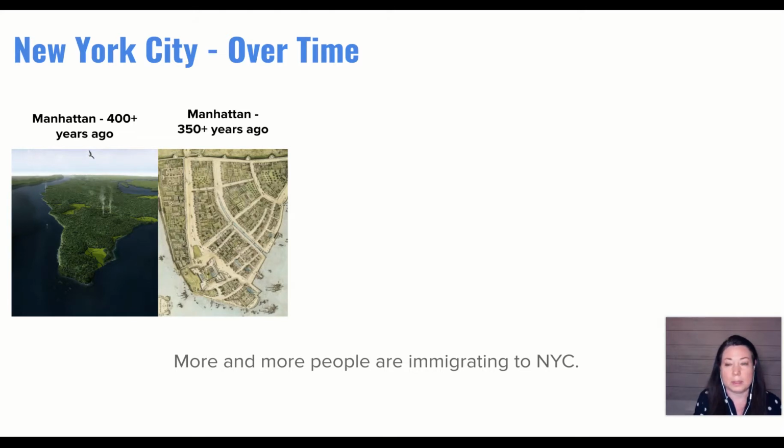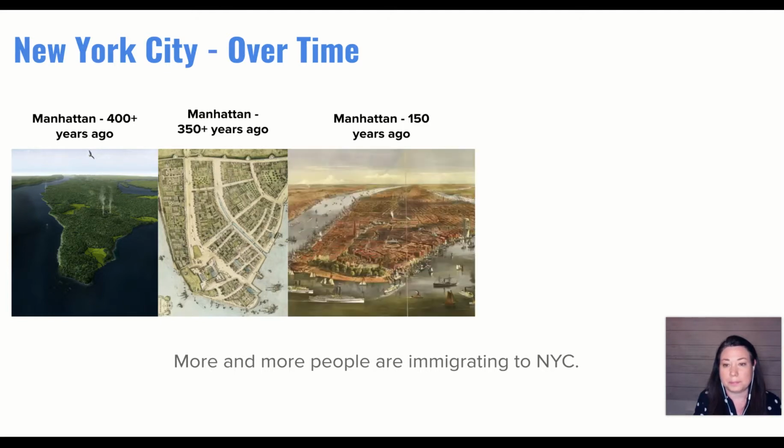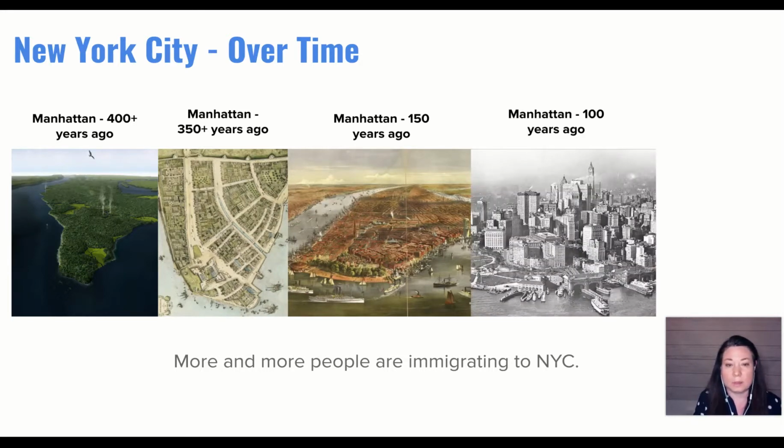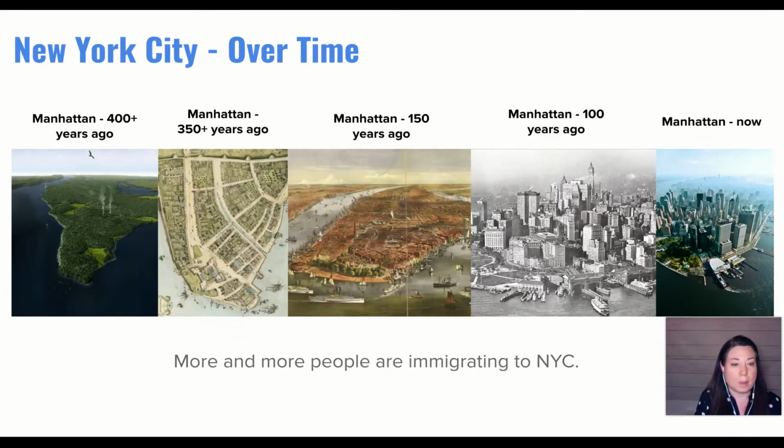And the buildings and the people start living closer and closer together. And then the buildings start going up because they're running out of space. And then there's more and more people living in New York City. And New York City is coming together like how we know it today. So the city starts having more and more people living in it. And we have to figure out how to get all these people around.